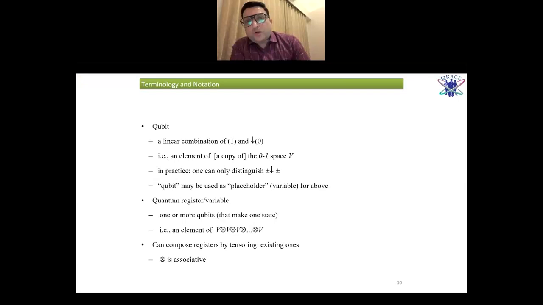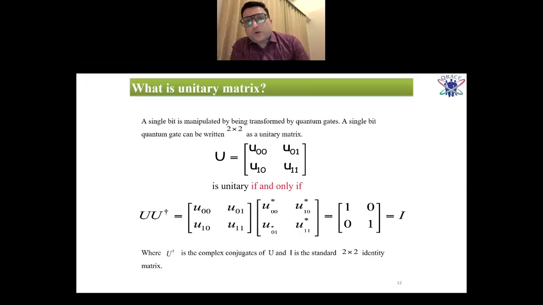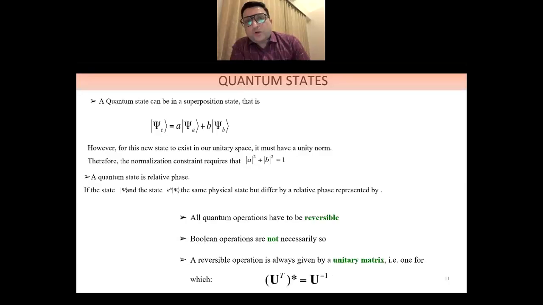Now coming to the definition: if you represent cat 0 and cat 1 in terms of matrix mechanism, cat 0 is the column vector 1, 0, and cat 1 is the column vector 0, 1. Representing each state in matrix form is called matrix mechanism, which was given by Heisenberg, and the notation was given by Dirac.